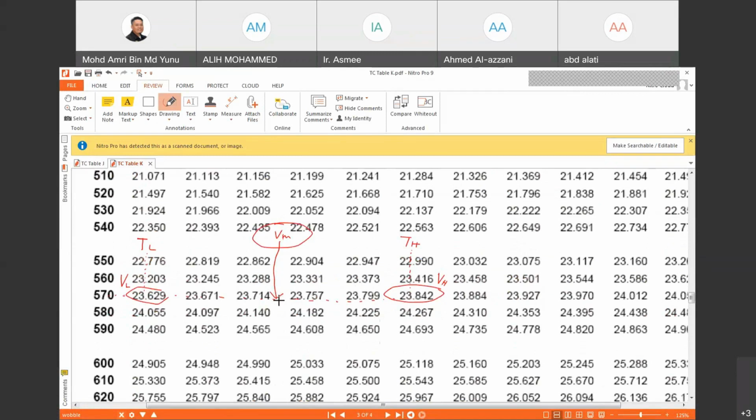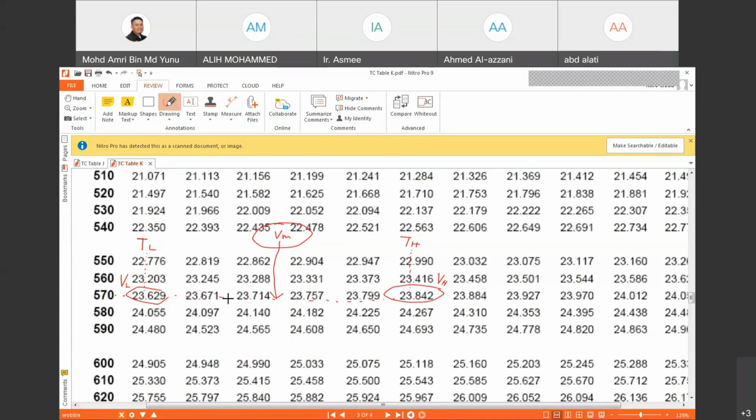So here we need to determine VL, VH, TL, and TH. In this solution, I choose this point as the VL and TL, and this point as the VH and TH.